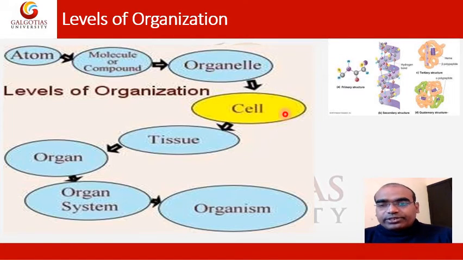Similar types of cells combine to create tissues. Tissues create organs, like the liver and lungs, and kidney. Then organs form organ systems, and several organ systems combine to create an organism. So this is the level of organization that you need to understand.